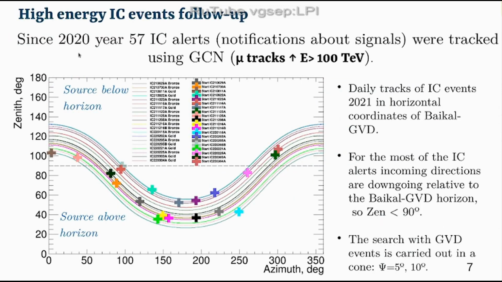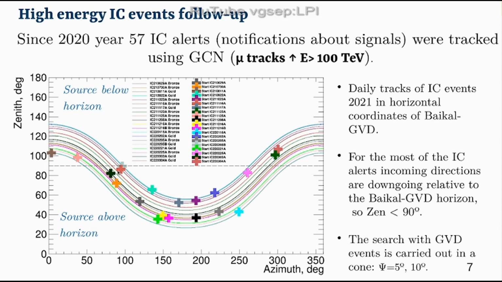So since 2020 year, 57 IceCube alerts, we call alerts notifications about signals, were tracked using GCN. They were all muon tracks, upgoing muons with energy more than 100 TeV. Here are daily tracks of IceCube events in 2021 in horizontal coordinates for Baikal-GVD.